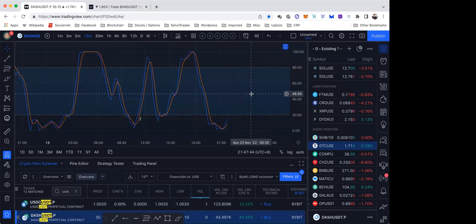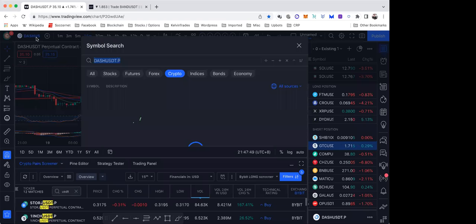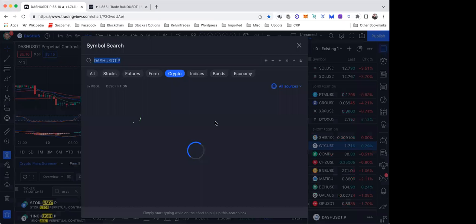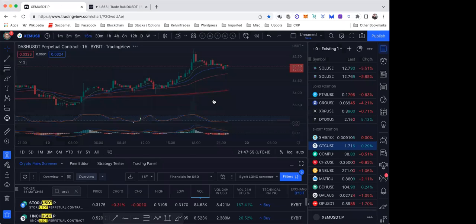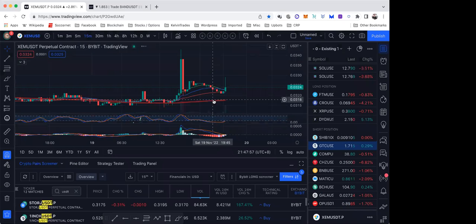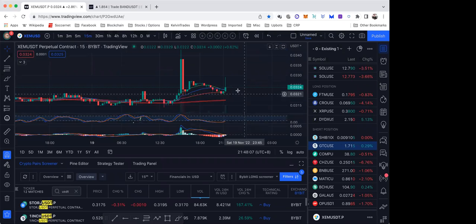Kevin, how about XEM? On XEM, the MACD seems to be crossing, and the Stoch RSI is going into 20.